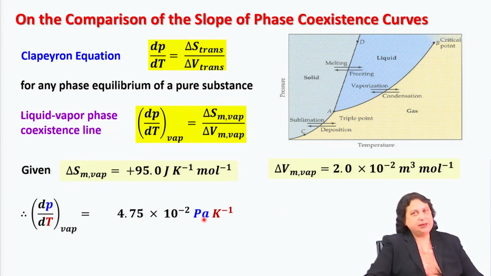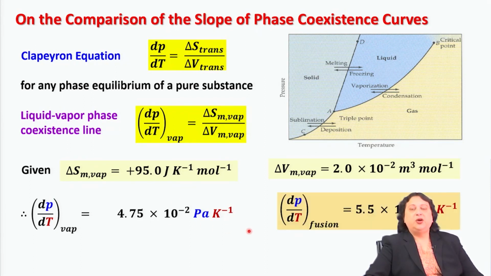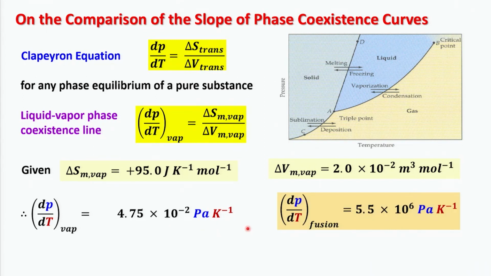So, I have followed the same numerical exercise that I have done before for the fusion, and this is the result that I get. Now, look at the picture and compare the AD line with the AB line. At a given point of this vaporization line, I see that dP/dT of vaporization has a value like this, which when compared to the fusion is a much smaller value.